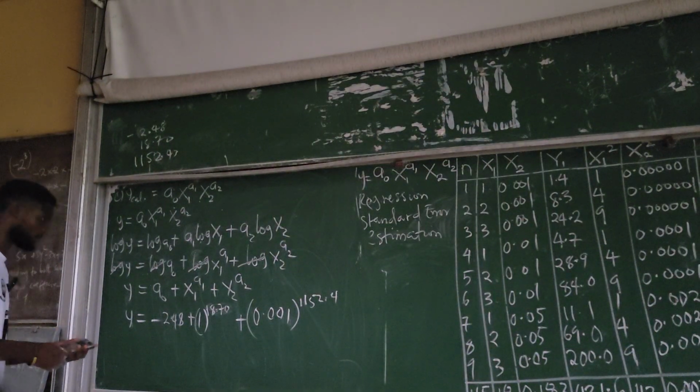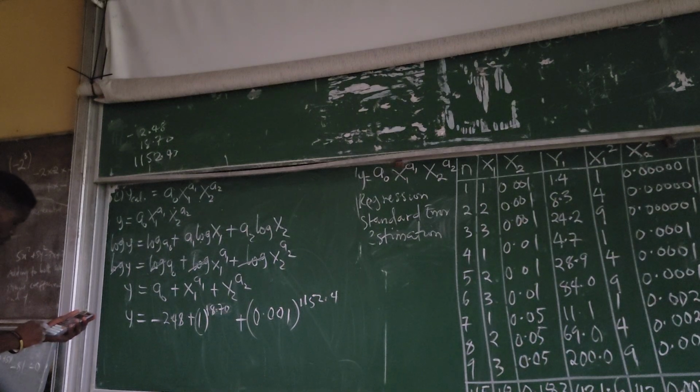So if we do that, we are going to have minus 2.48 plus 1 raised to power 18.70, plus 0.001 square 1152.4. Okay, let's do it one after the other.